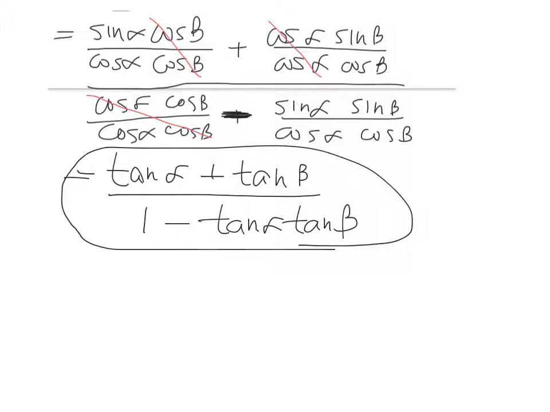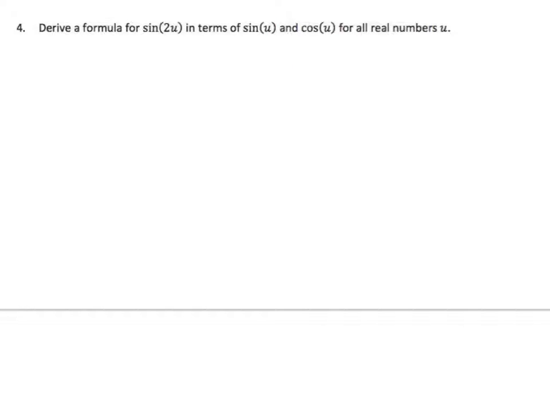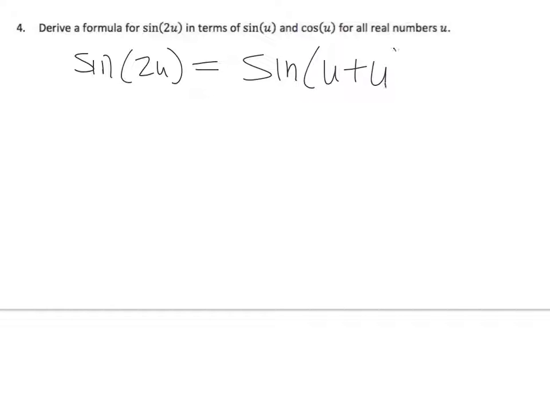Okay? Now let's try to derive a formula for sine 2u in terms of sine u and cosine u. So we know that sine 2u really equals, going back to algebra here, sine of u plus u, because u plus u is 2u, right?